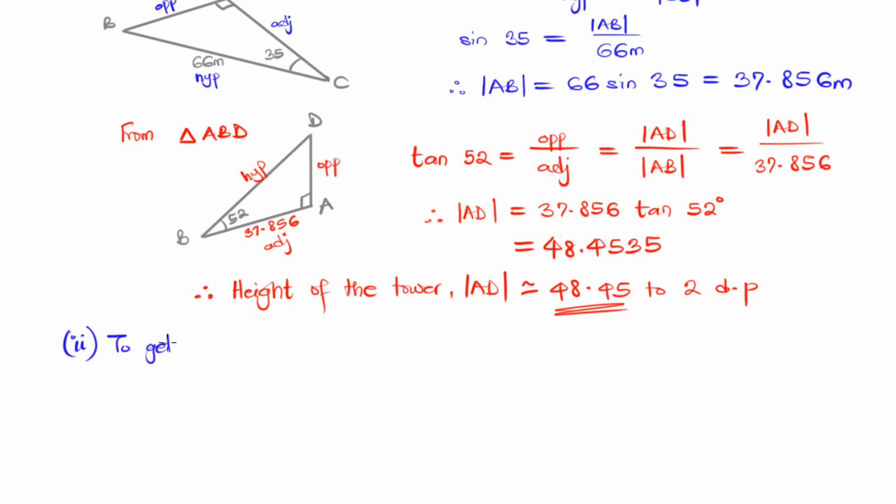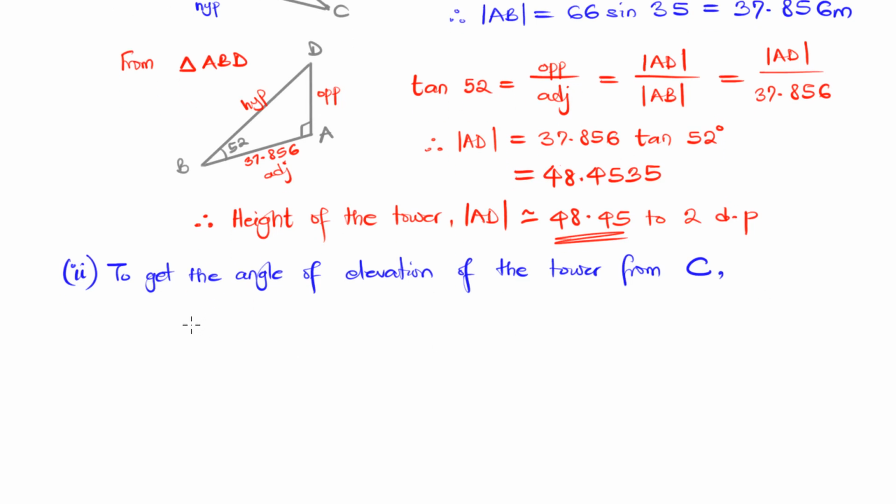So to get the angle of elevation that we have denoted as theta, the angle of elevation of the top of the tower D from the point C, we need to use our trigonometric identity to solve for it, but we also need the value of another parameter. Okay, so if I draw out the diagram, now I know AD, but I don't know AC.